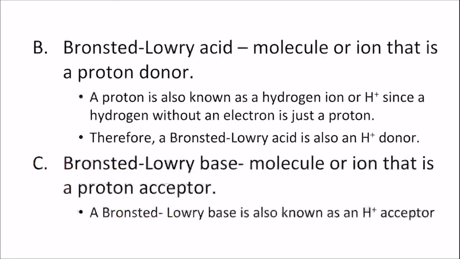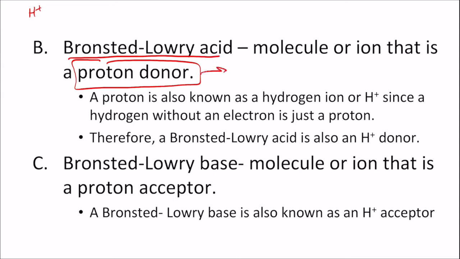All right, so let's get rolling. A Bronsted-Lowry acid is a molecule or an ion that is a proton donor. Arrhenius said that it needs to produce an H+. Bronsted-Lowry says it doesn't need to produce an H+, it just needs to donate a proton.